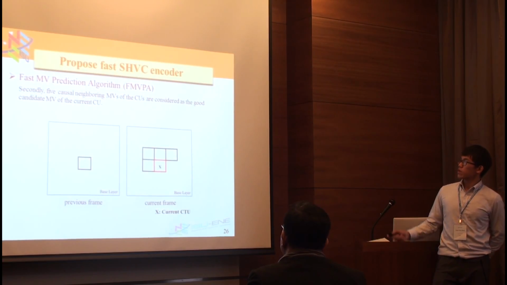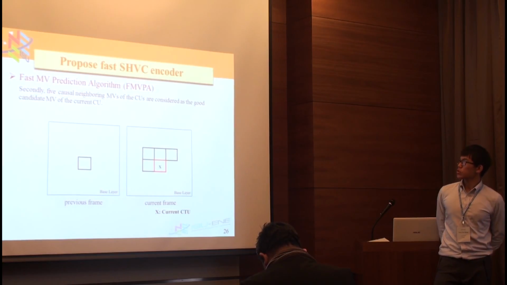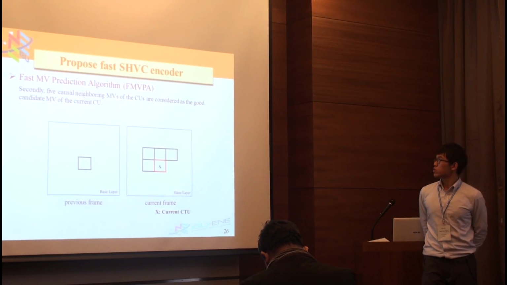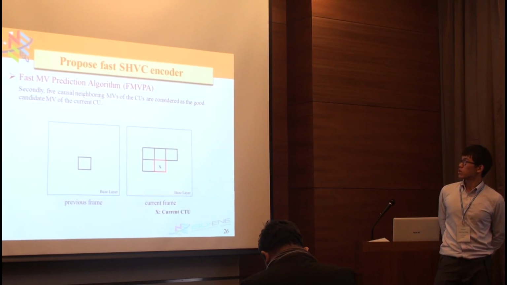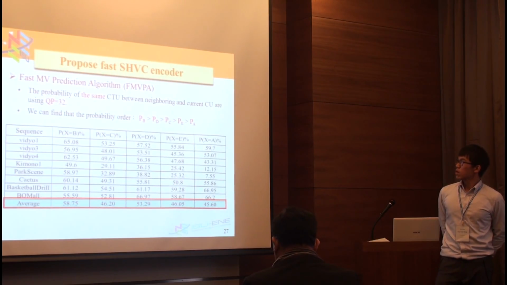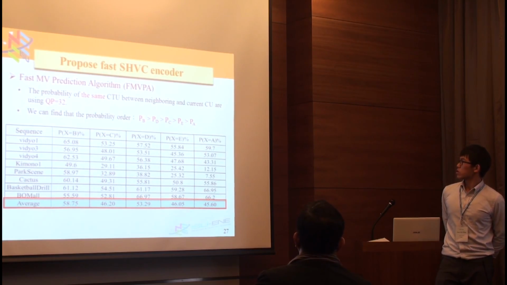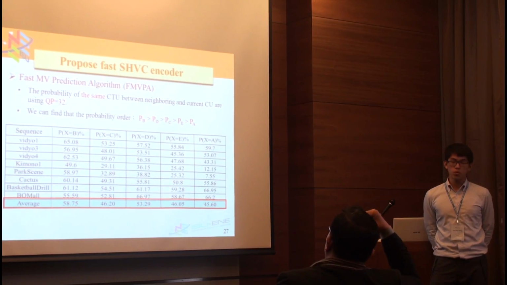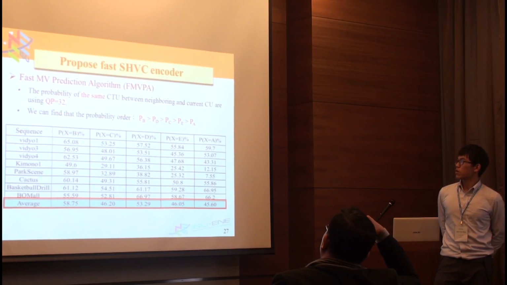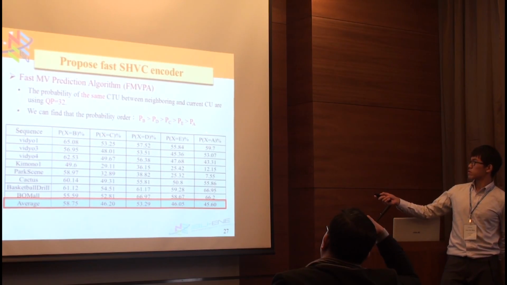Second, the fast MV prediction algorithm called FMVPA. Five causal neighboring MVs of the CUs are considered as good candidate MVs of the current CU. This shows the probability of the same MV between neighboring and the current CU using QP equal to 32. We find the probability order as follows.